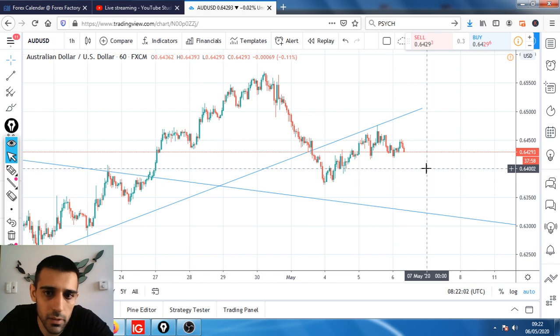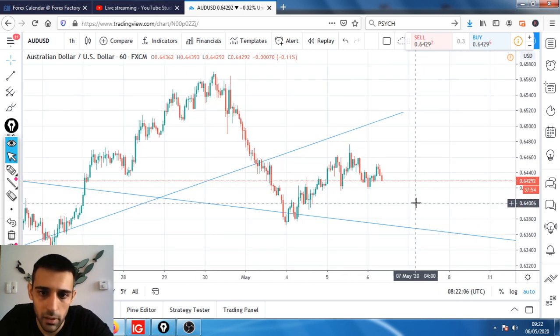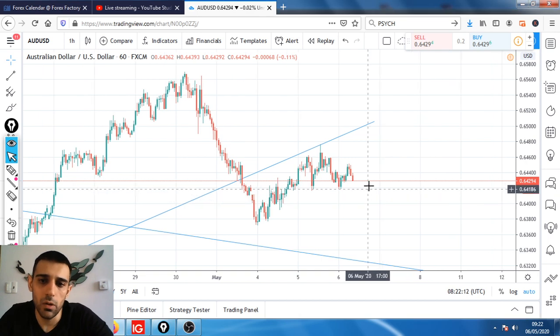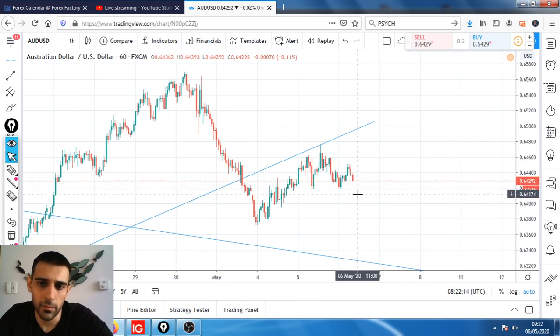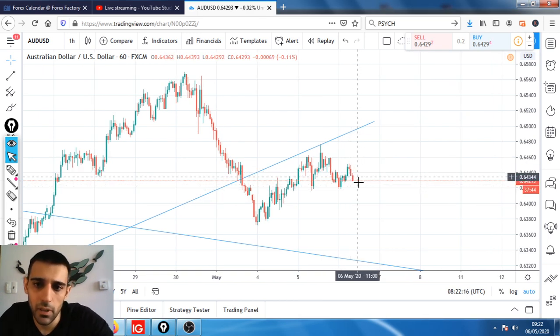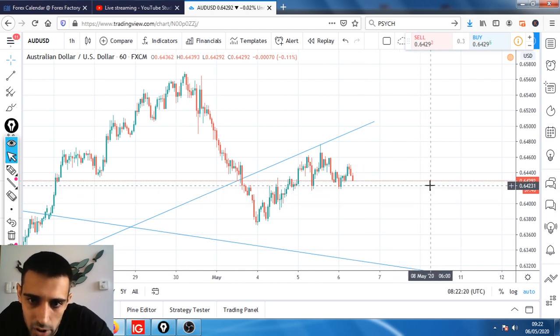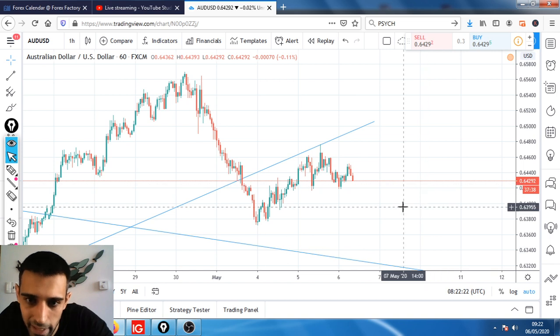Okay, 6400. Why 6400? Okay, so we do have this level down here. So 6400. So far it is going nicely towards the downside, so there's good potential that the price will get there.